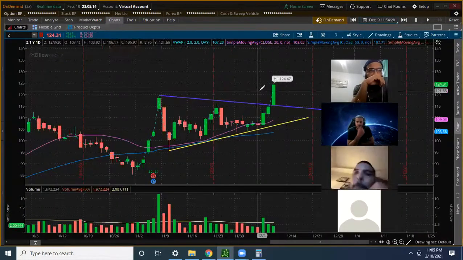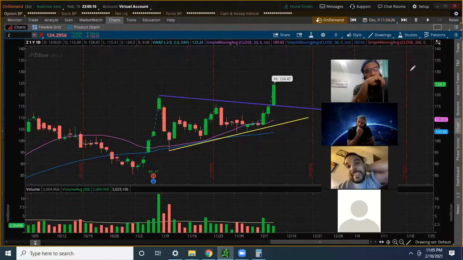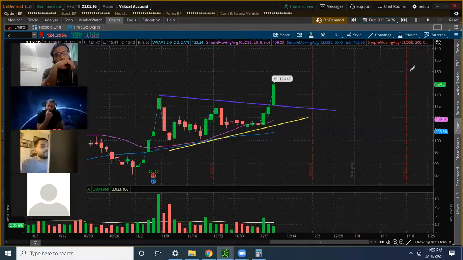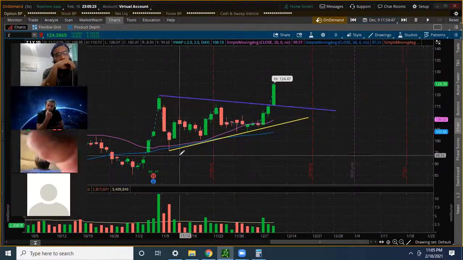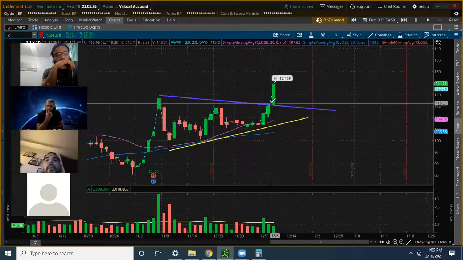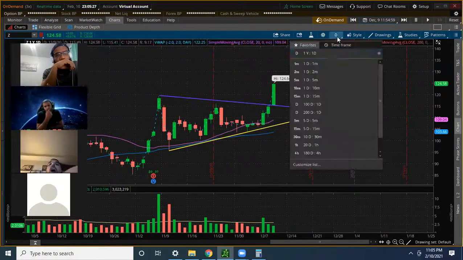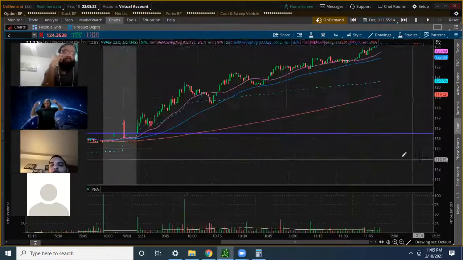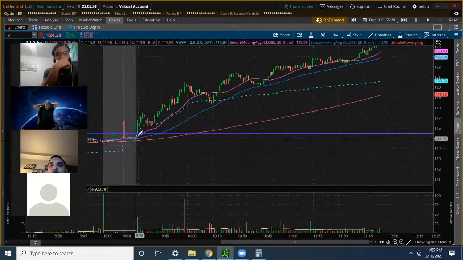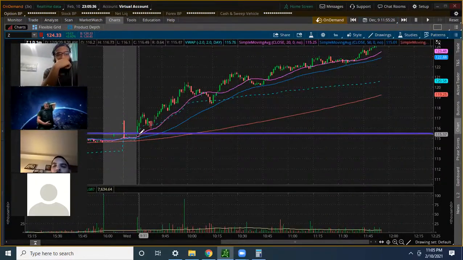Why? Because we followed all our rules. We took note of the structure by drawing trend lines. It's set up on top of the structure that we drew, right? We go to the minute chart. The first candle sets up right above the structure, the purple line.